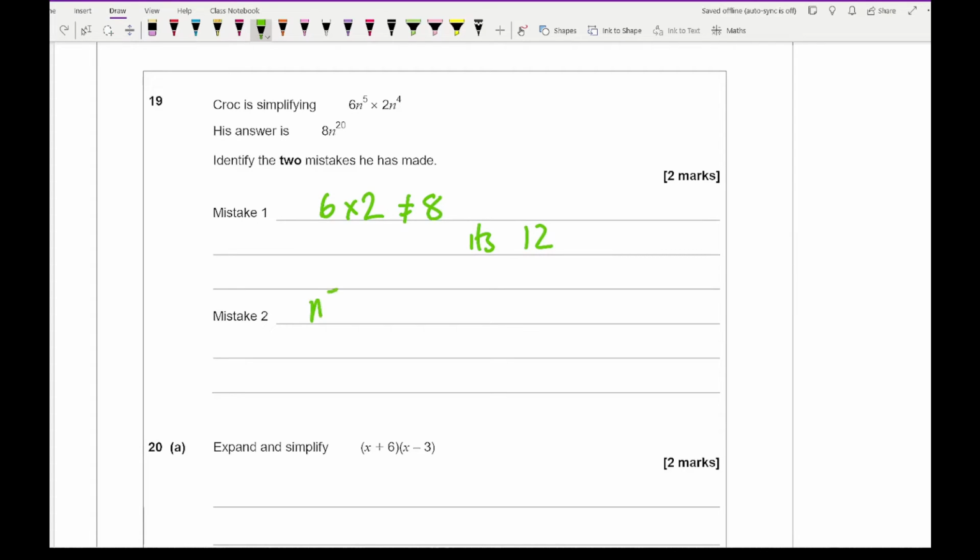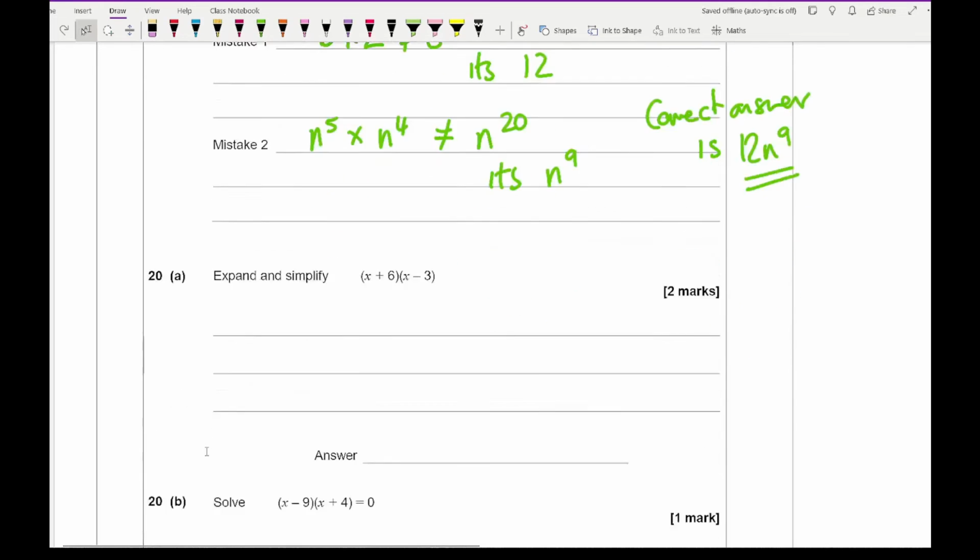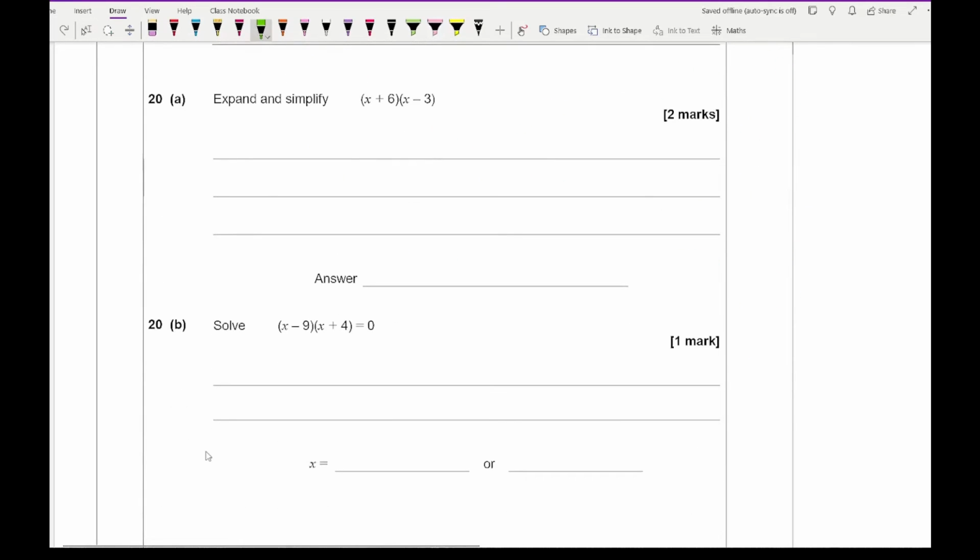And n to the power of 5 times n to the power of 4 is not n to the power of 20. It's n to the power of 9. So in other words, the correct answer, which I don't think you need to write, is 12n to the power of 9.